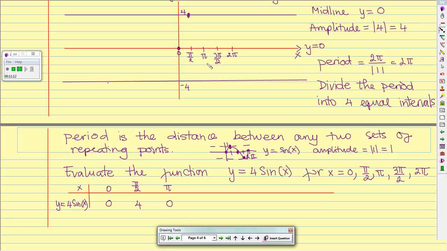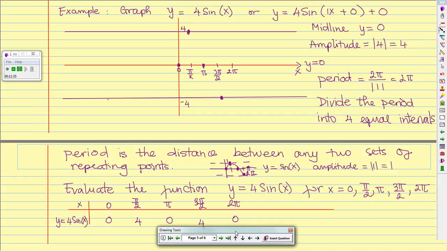So for sine of pi, that is 0, so 4 times 0 is 0. And then 3 pi over 2. Sine of 3 pi over 2 will be -1, so now 4 times -1 will be -4. And then 2 pi. Sine of 2 pi will be 0, so 4 times 0 is still 0.